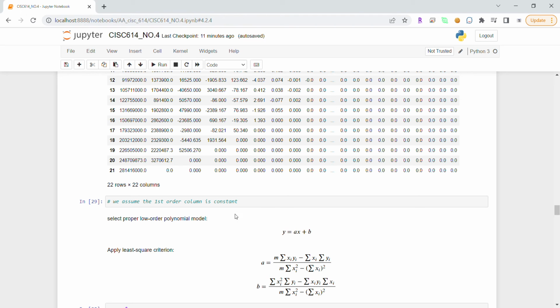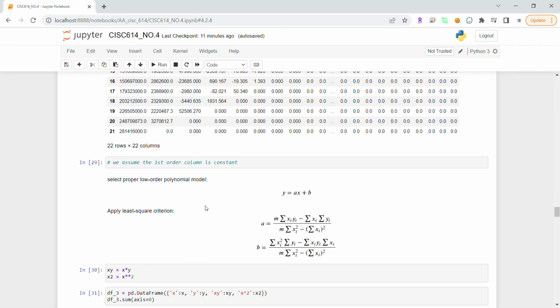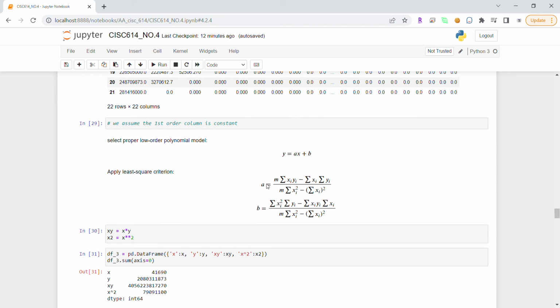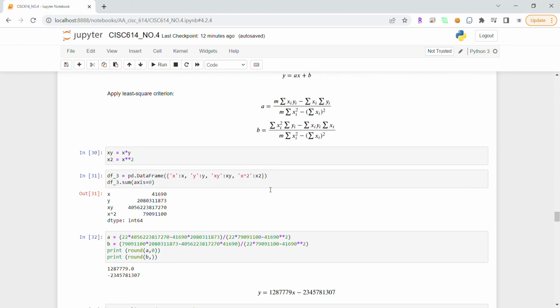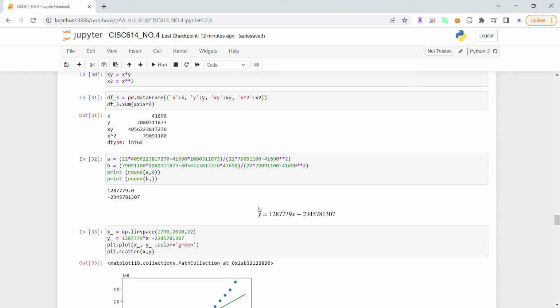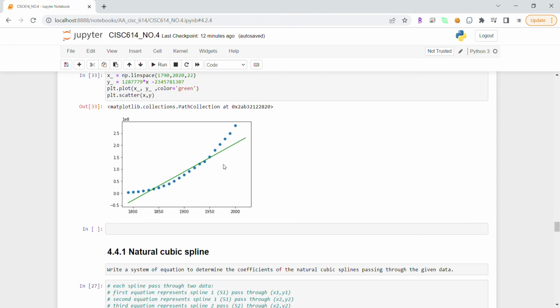And then I applied the least square criterion for the linear system, and we got these two equations to determine the value of the coefficients A and B, where A is the slope of the straight line, and B is the intercept of the straight line. And then we got the result, and we have this model, and I plot this model.